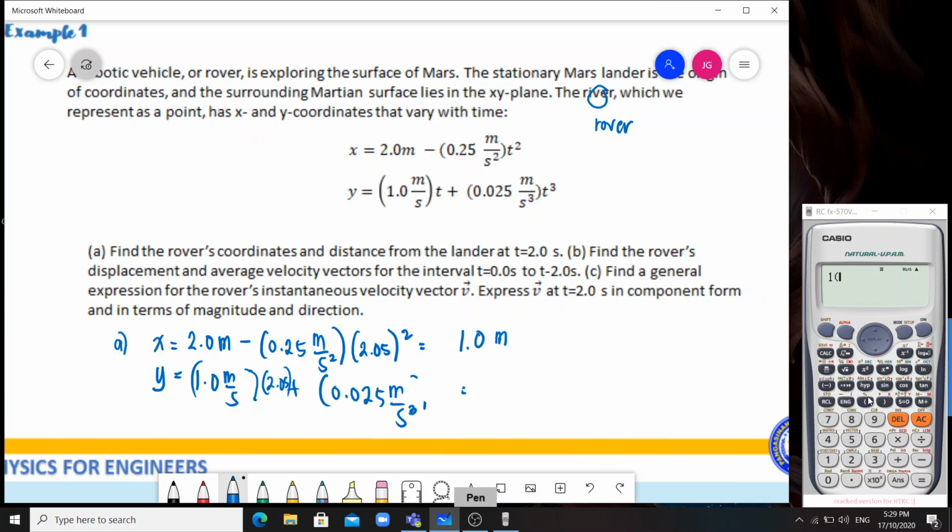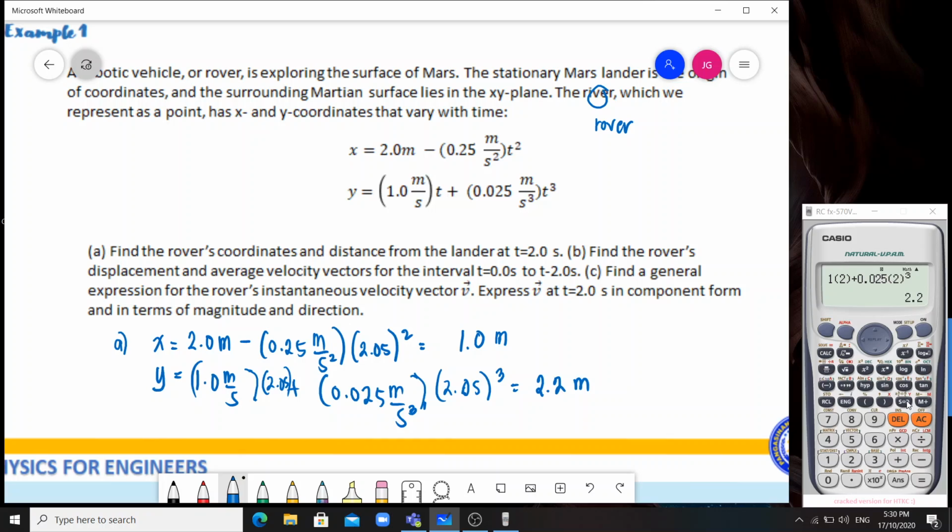Same with here. 2 plus 0.025 times 2 cubed. So the answer here is 2.2 meters. Now let us double check the significant figures. We have 2 here, so 2 and 2 and then 1 decimal place. So 2.2 meters is correct. That is the x and y coordinate.